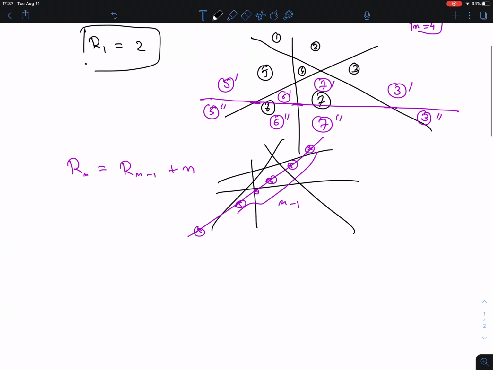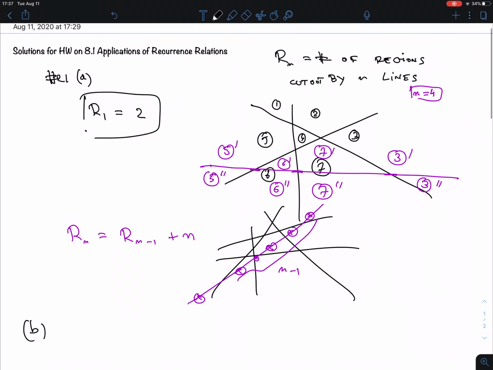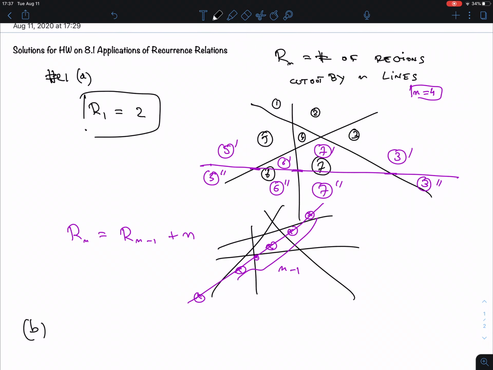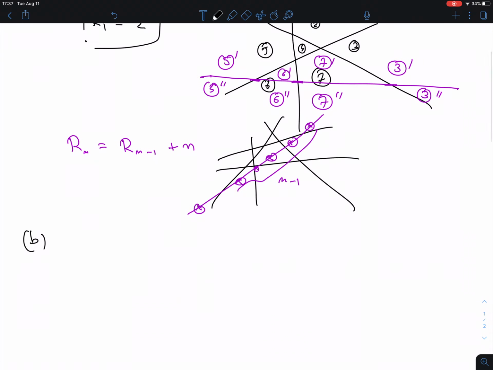So now part B asks you to solve this iteratively. We will find other ways of solving this in the next section, but let's do this now iteratively. What does this mean? Well, you start working as a program. So you could write a very simple program that calculates this for you, and it's a good exercise, and I might even ask you to do that. In pseudocode, what would it be? I'm not going to write the whole thing.